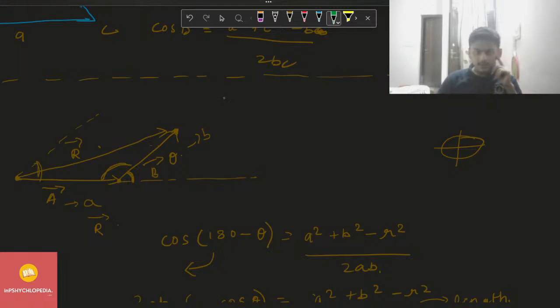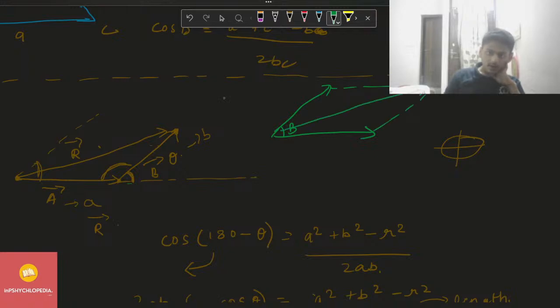But another way is with a and b vectors, which I do care about, right? Now you know I care about it. So make this vector a and join tail to tail. This will be the vector b. Now what will be the resultant? Let me label them: this is the resultant.